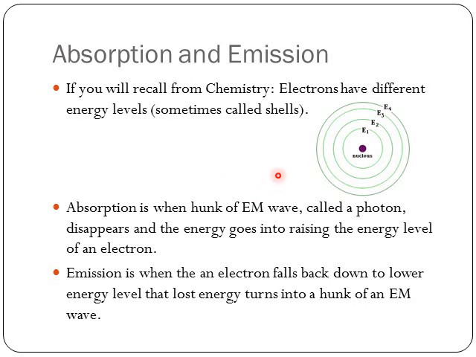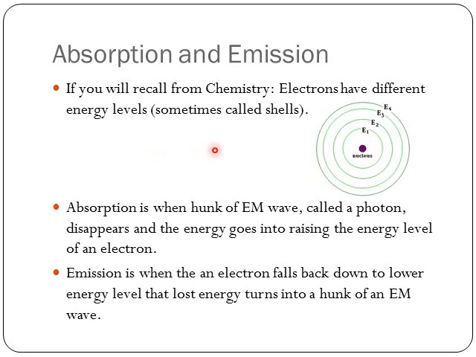Really they exist in an electron cloud right around that nucleus. And these electrons exist in certain energy states, and they can be found in certain energy levels that we often call shells.